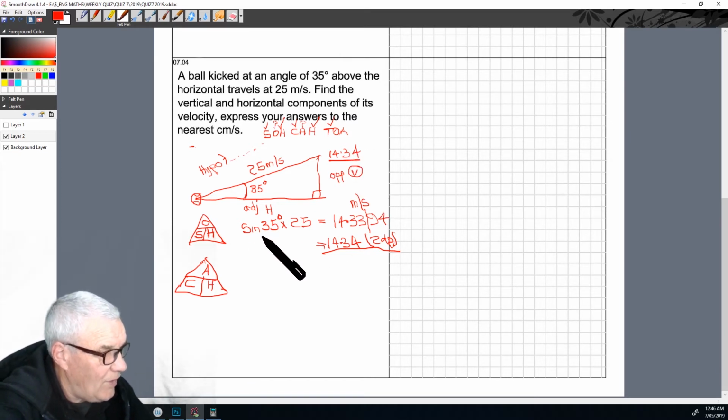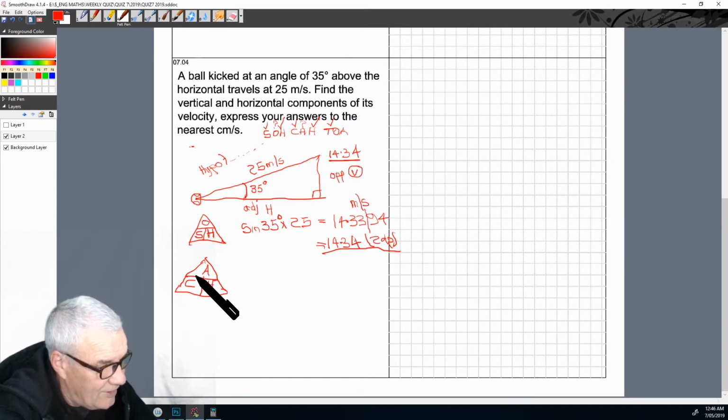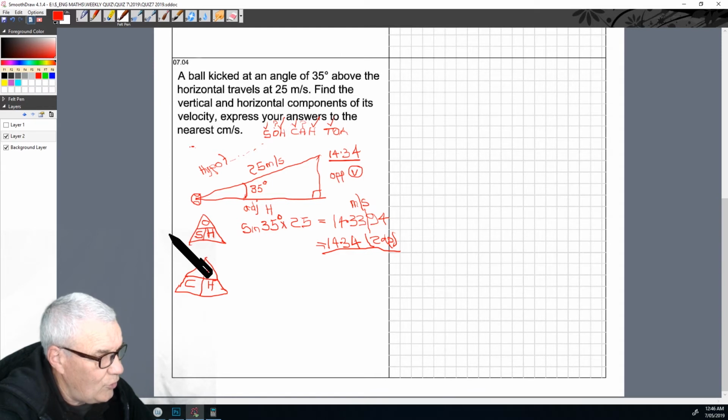You cover over the A, and you can see that that would be cos 35 times the hypotenuse. If you wanted to find the cosine, that would be the adjacent divided by the hypotenuse. If you wanted to find the hypotenuse, it would be the adjacent divided by cosine 35.